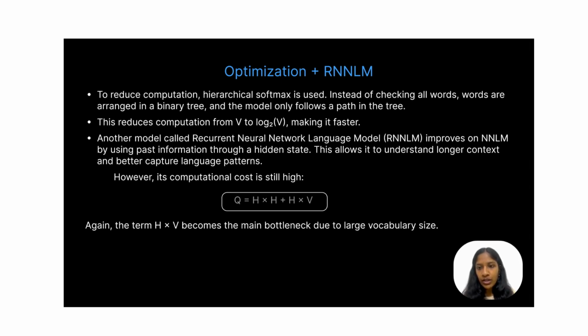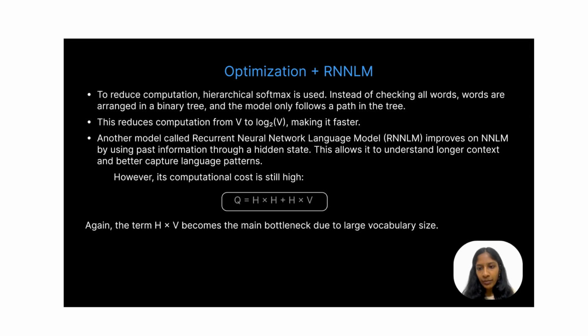The main issue comes from the computational cost, which can be written as Q equal to N cross D plus N cross D cross H plus H cross V. Here N is the number of context words, D is the vector dimension, H is the hidden layer size, and V is the vocabulary size. The biggest problem is the H cross V term, because the model has to compute probabilities for every word in the vocabulary.